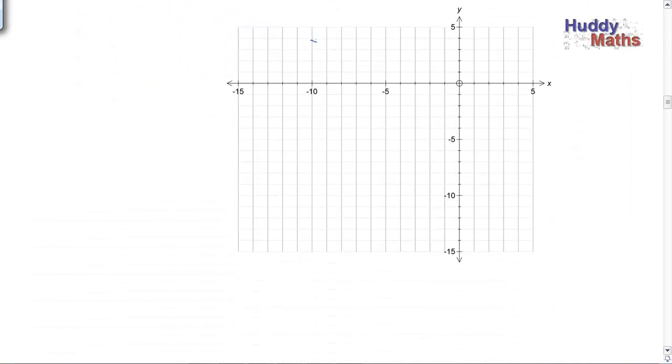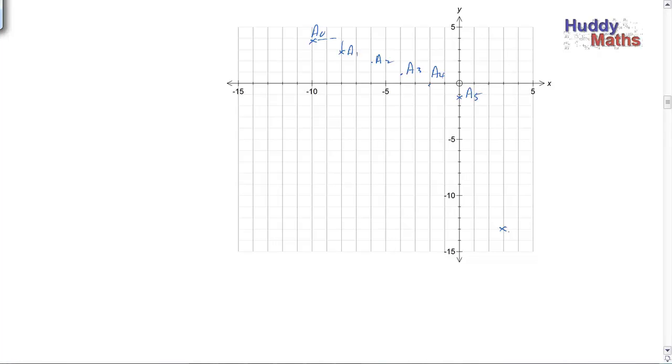Okay, and this is going 2, neg 1, so that's A0, A1, 2 neg 1, A2, 2 neg 1, A3, 2 neg 1, A4, 2 neg 1, A5. It's a straight line.